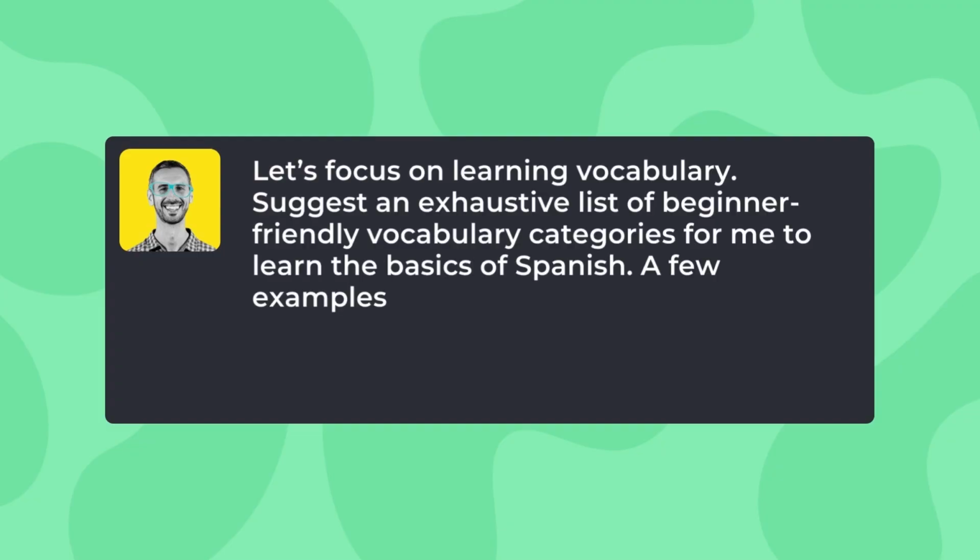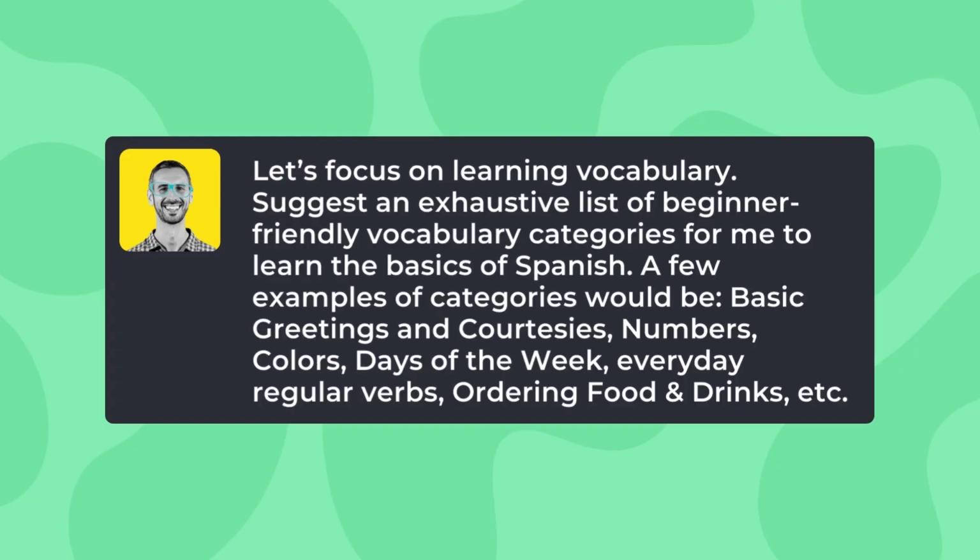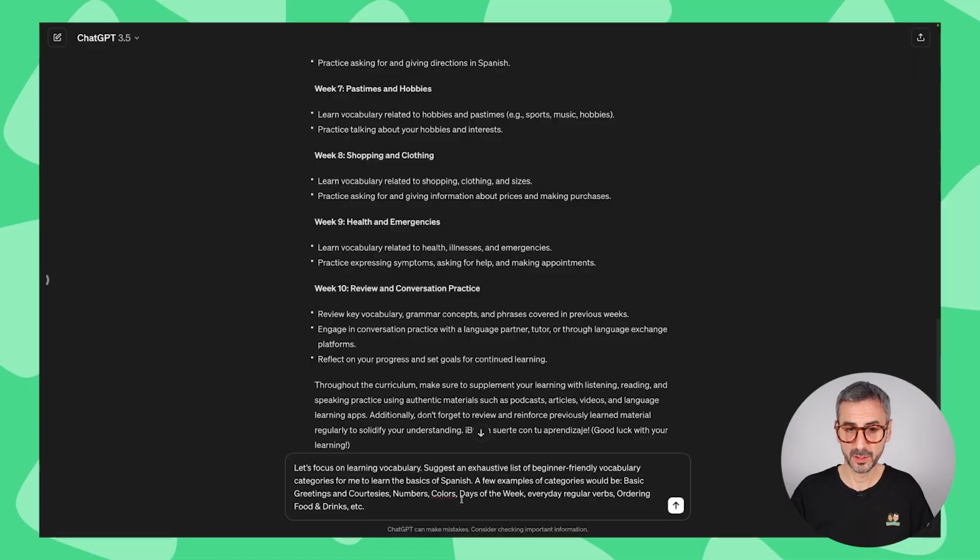Let's focus on learning vocabulary. Suggest an exhaustive list of beginner-friendly vocabulary categories for me to learn the basics of Spanish. A few examples of categories would be basic greetings and courtesies, numbers, colors, days of the week, everyday regular verbs, ordering food and drinks, etc. So you see here, I'm asking for vocabulary categories, not specifically vocabulary words.